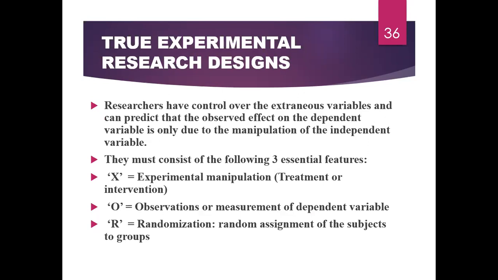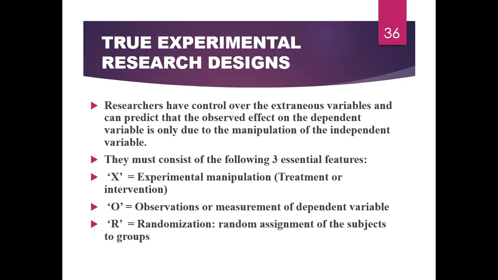A few words about true experimental research designs. They have 3 main essential features. 1, manipulation, or the treatment or the intervention, which is symbolized as X. Observations or the measurements of the dependent variable, O. Randomization, R, which means random assignment of the subjects to the groups, whether it is the control group or the experimental group.